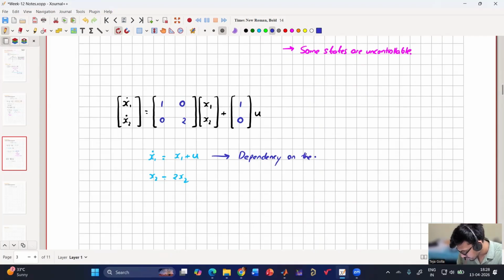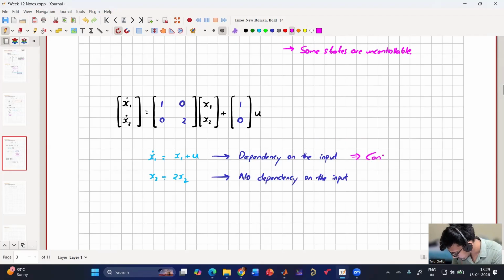Here there is no dependency on the input, which means this state is controllable because I can control it by giving whatever input is required. So this is controllable. This is not controllable.